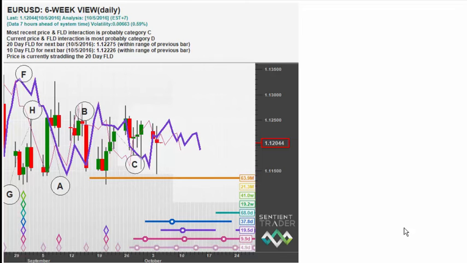So when you see a chart that has very poor interactions, the best thing to do is not to trade it, because the analysis is either not correct or it's simply not clear, and the movement in this particular instrument is not working very well for a Hurst Cycles trader or an FLD trading strategy trader.